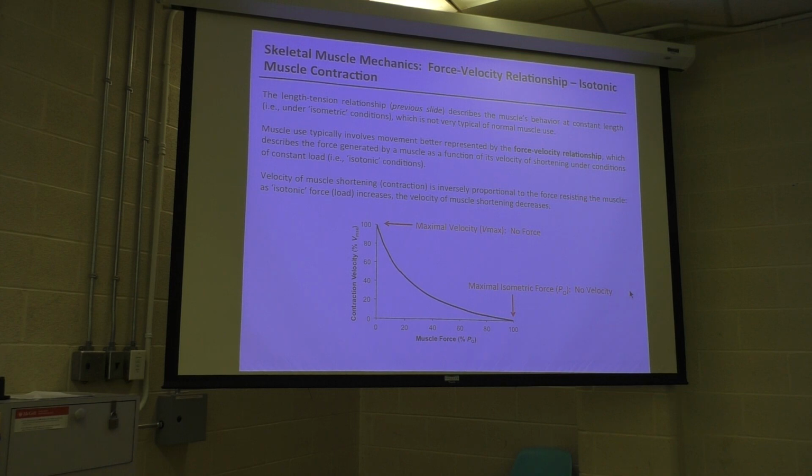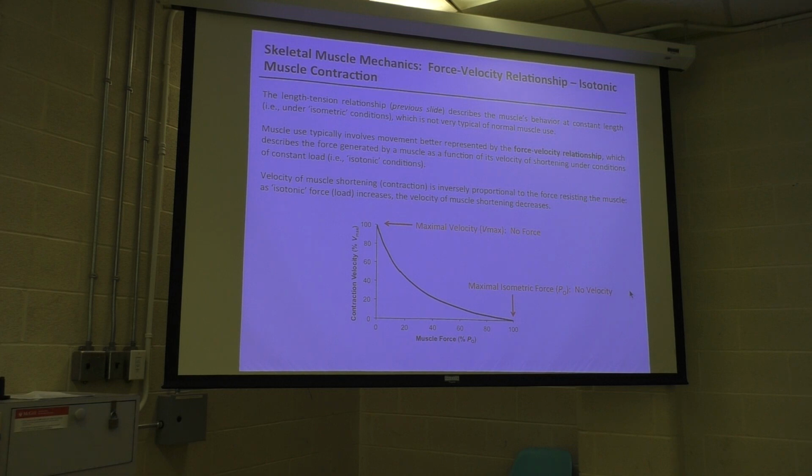So how a lot of these studies have been done is, the characterization of muscle mechanics is actually more accurately represented by force versus contraction velocity. What this is saying is that at very high forces, at maximal isometric force, you're actually not contracting quickly at all.